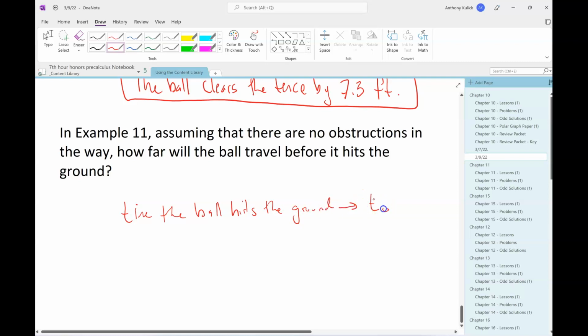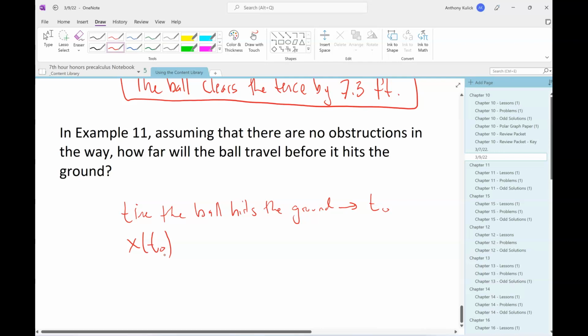We'll call that T0. And then we're going to plug that into the x equation to give us the total horizontal distance that ball covered, right?